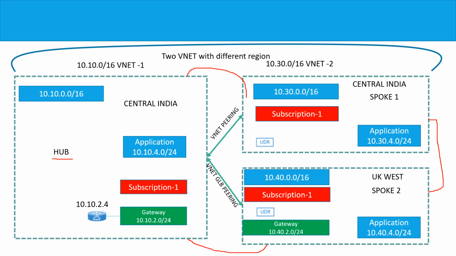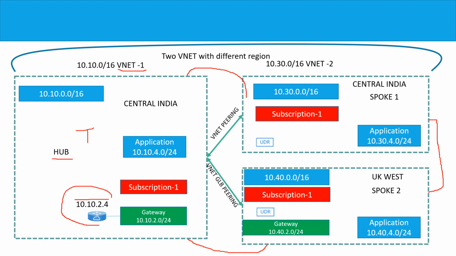So vNet 1 should act as a transit. To do this activity, we already had a gateway provisioned, and the IP assigned to this gateway is going to be 10.10.2.4.